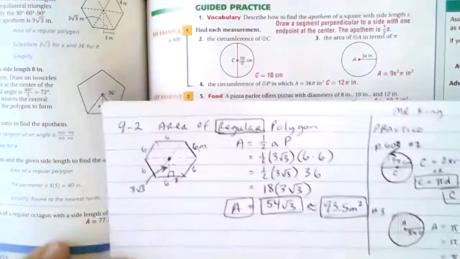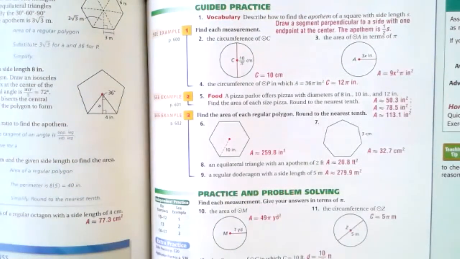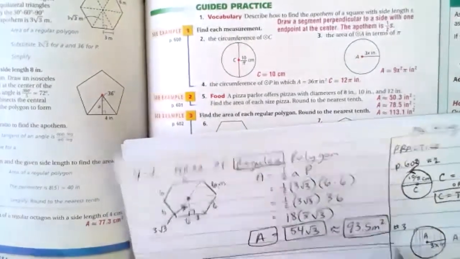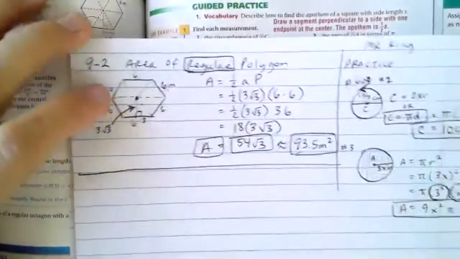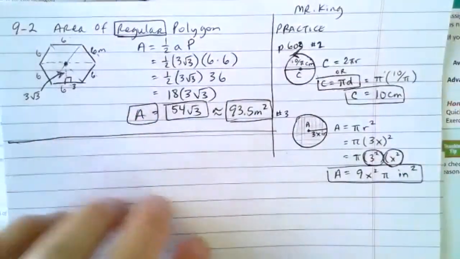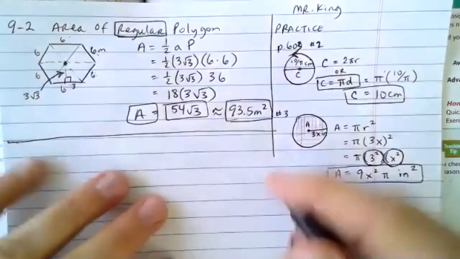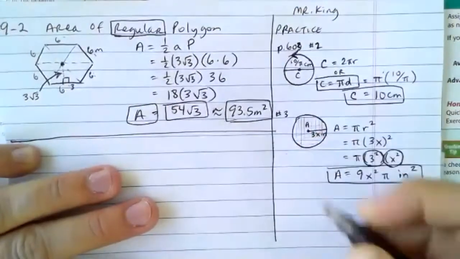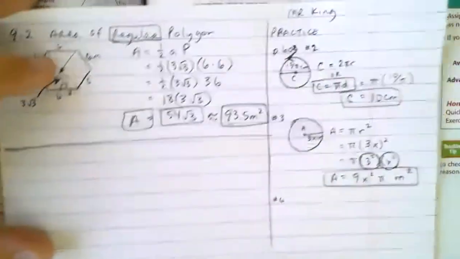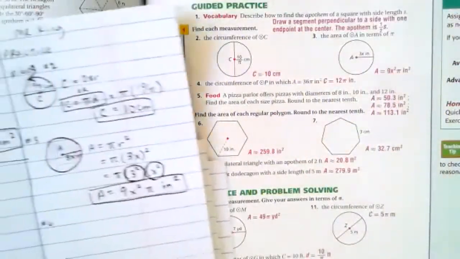Number 6 on page 603. So I'm going to come over here and draw a line, trying to keep my notes neat and tidy. Let's keep this section right here in notes, and let's keep all of our practice problems on this side today. Just trying to be neat and orderly today, okay?